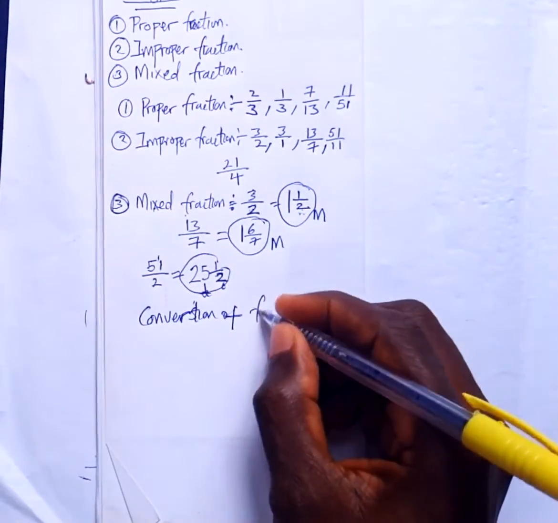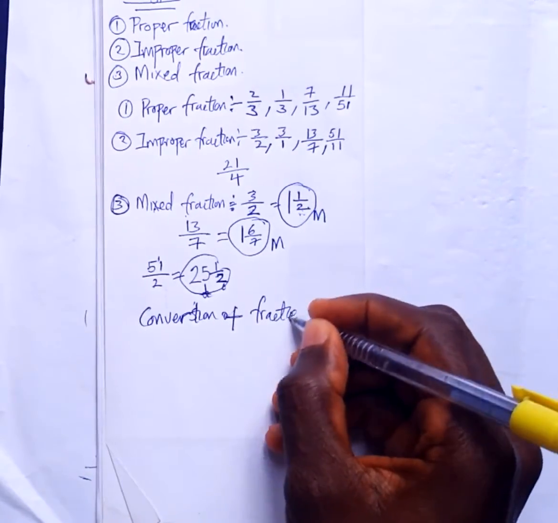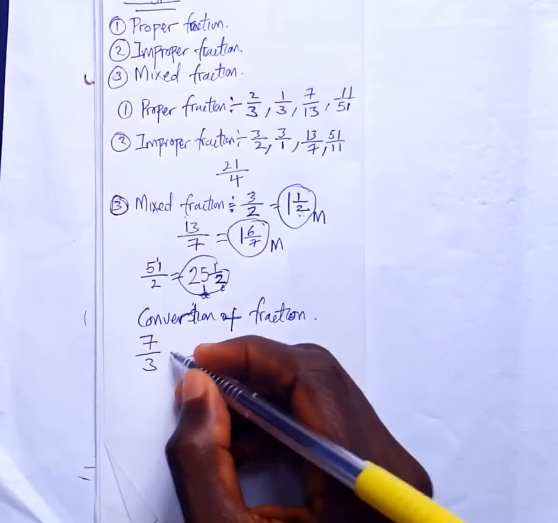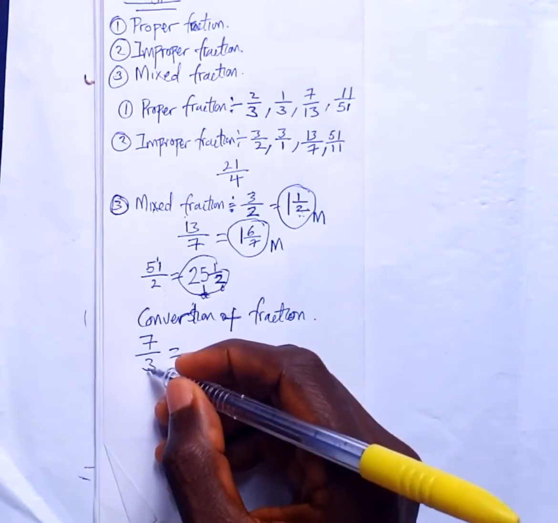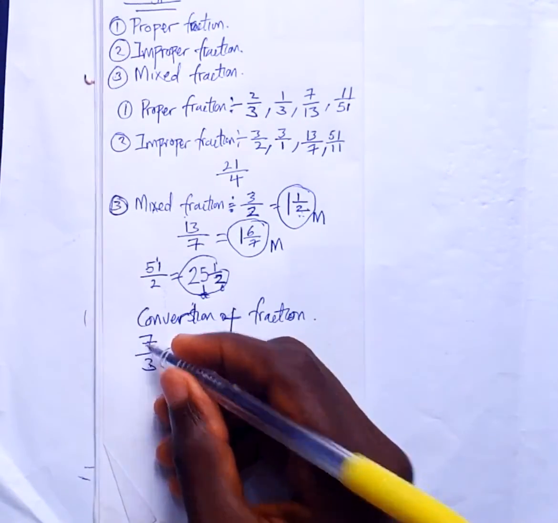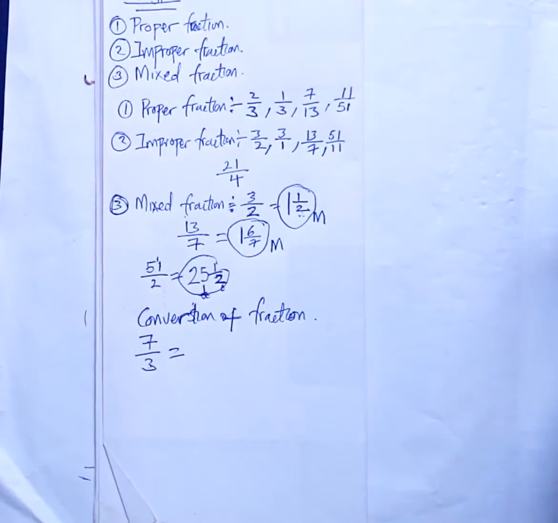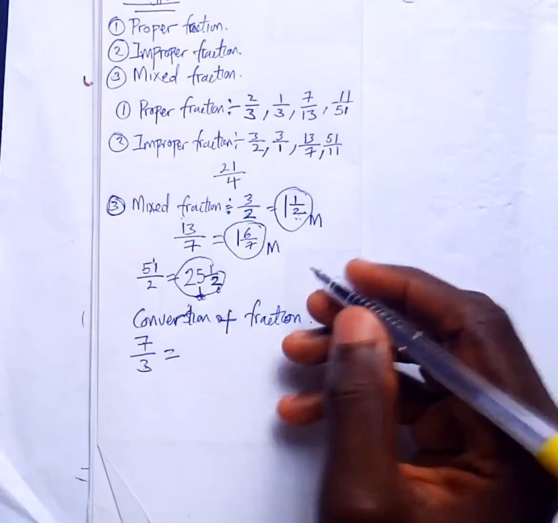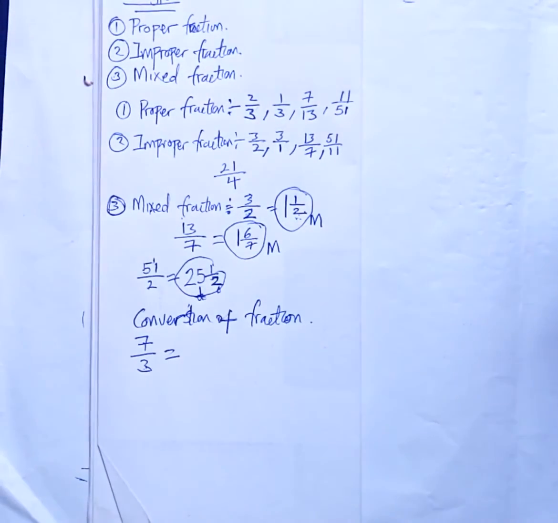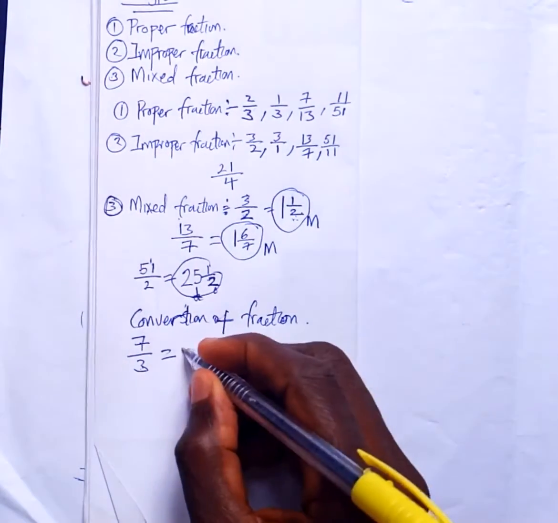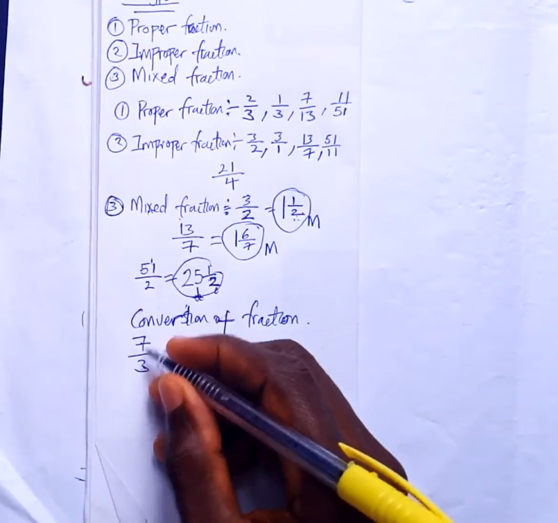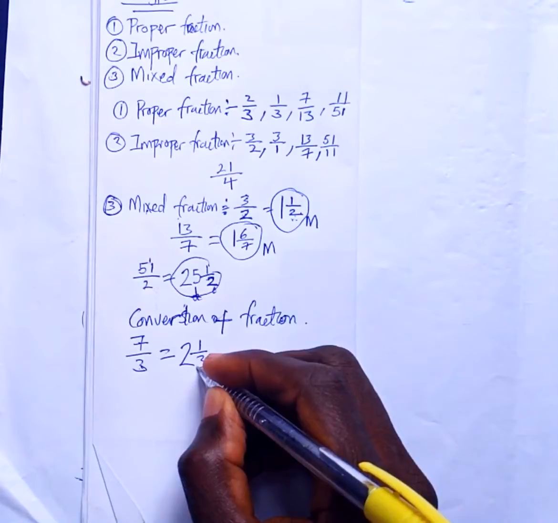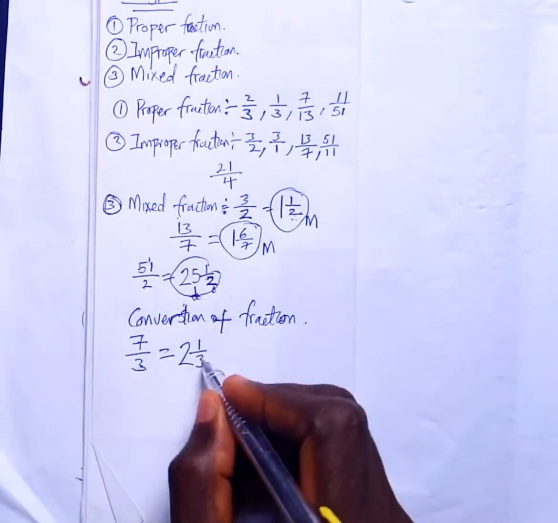So here it's better we talk about the conversion of fractions. If they ask you to convert 7/3 to a mixed fraction, you say, how many 3s can we see in 7? Like in primary school, 3 times 2 is 6. So you have 2, remainder 1, so 2 and 1/3.